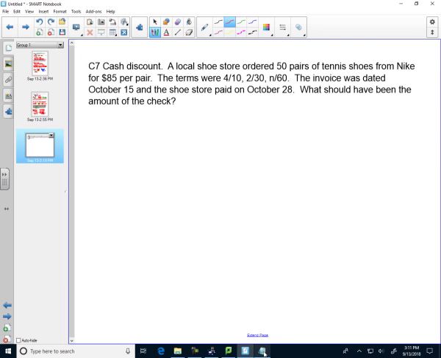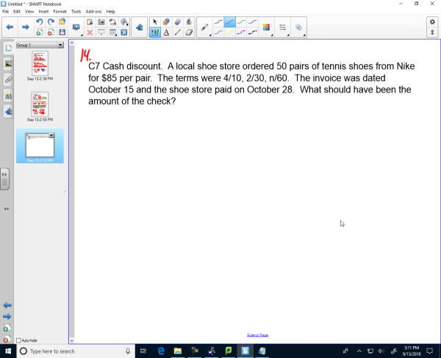This is actually problem what? 14. I'm not sure why I cut off that. Didn't need to. All right, C7 cash discount. Wonder what that means. Chapter 7?